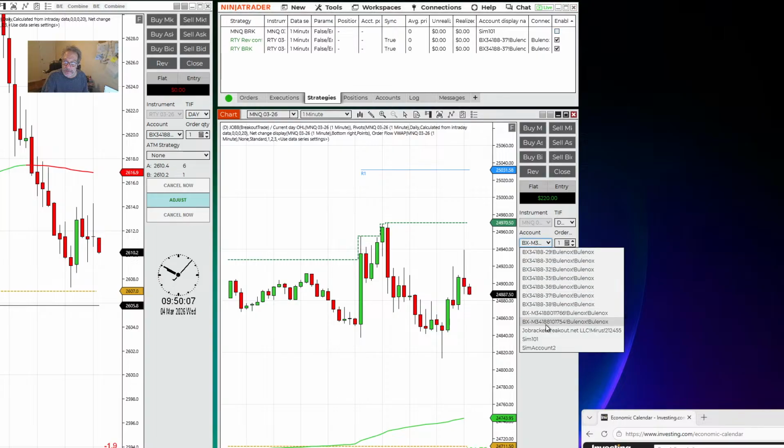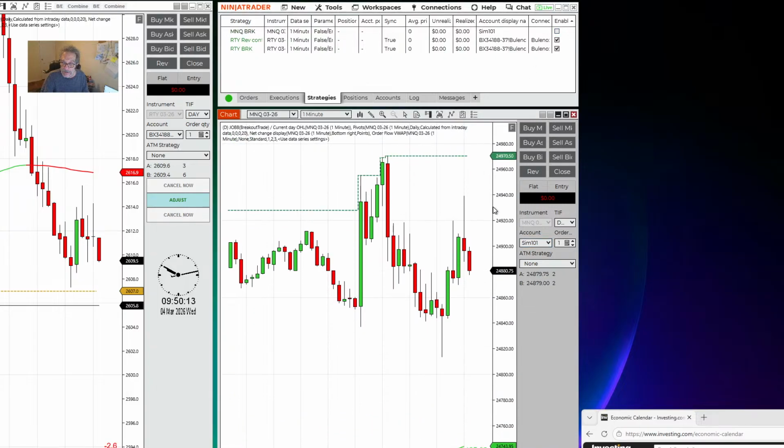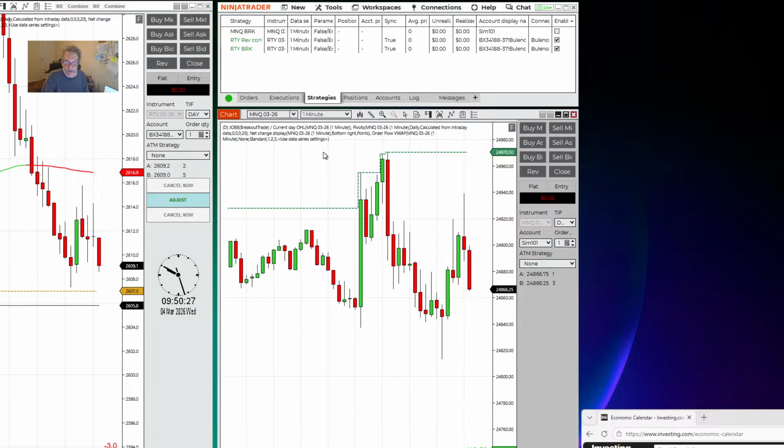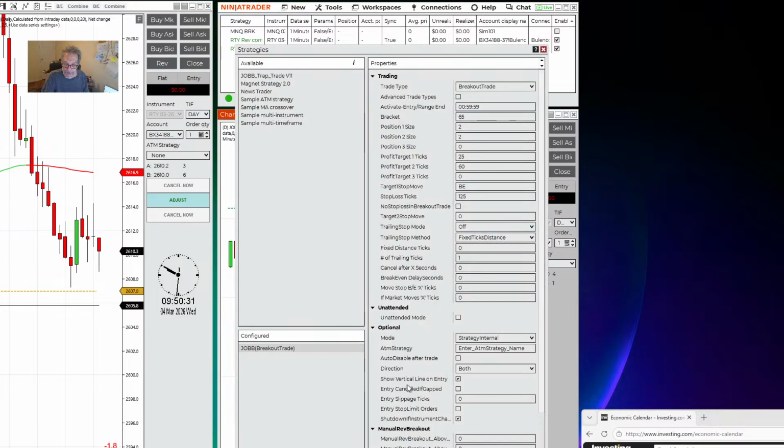ISM Services PMI forecast 53.5, prior 53.8, with a range of 54.5 to 52. Services prices paid forecast 68.3, prior 66.6. Services employment forecast 50.6, prior 50.3, and services new orders forecast 53.5, prior 53.1.